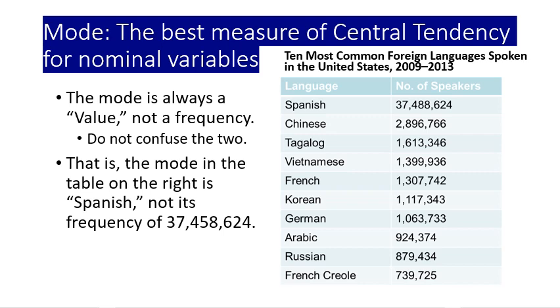If you were going to ask what is the mode of this data set, you would not say the mode is 37,488,624. That is the frequency. What you would say is the mode is Spanish. That's the value rather than the frequency.